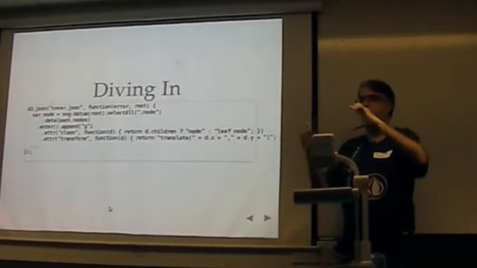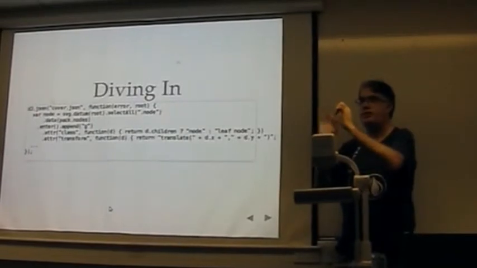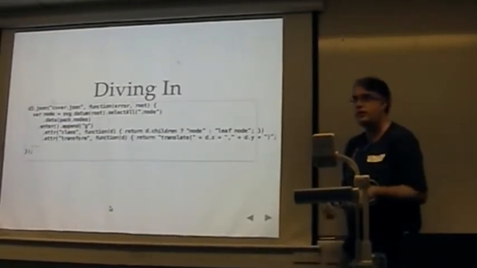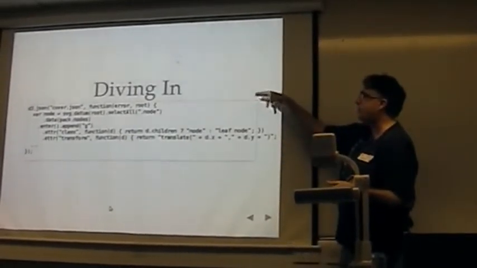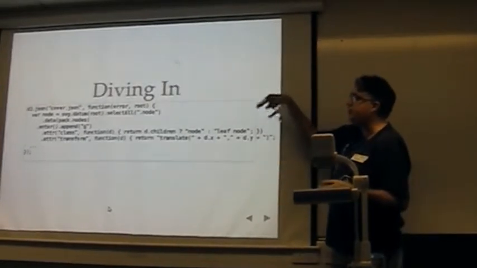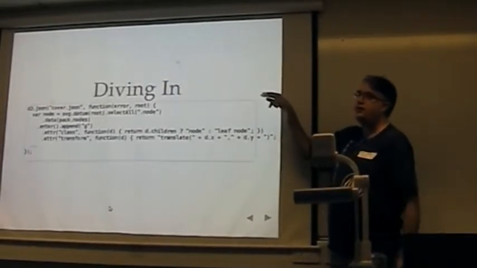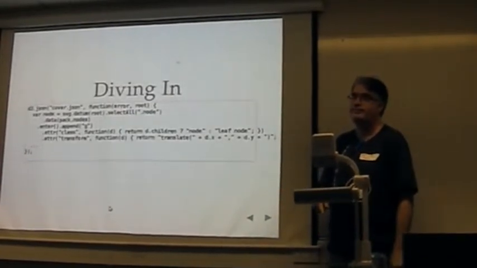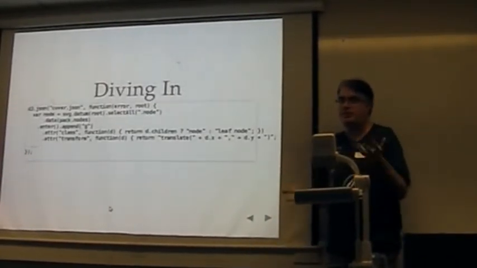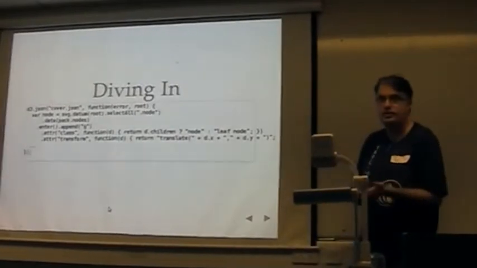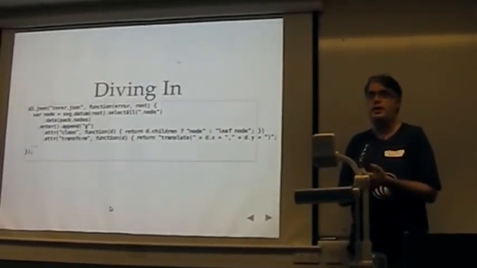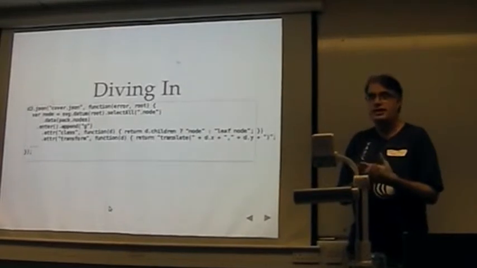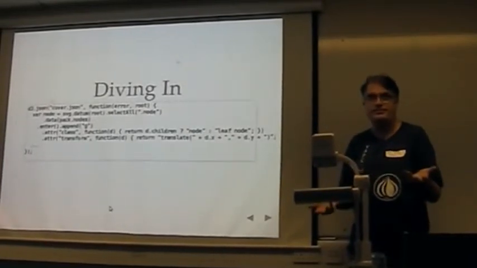D3 knows where to position the bubbles and the individual cells. So all you're doing here is letting D3 do the work of processing the JSON file and telling you where to put things. So it's sort of an inside-out way of looking at things. For those of you that remember inside-out objects, that's kind of the same spirit.